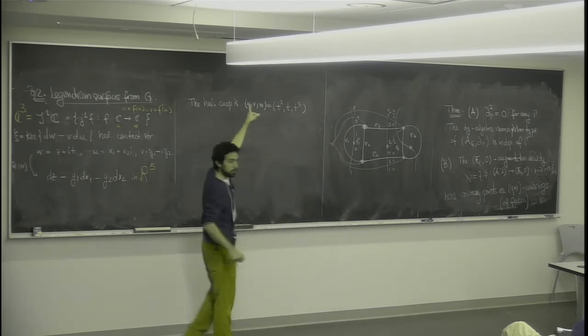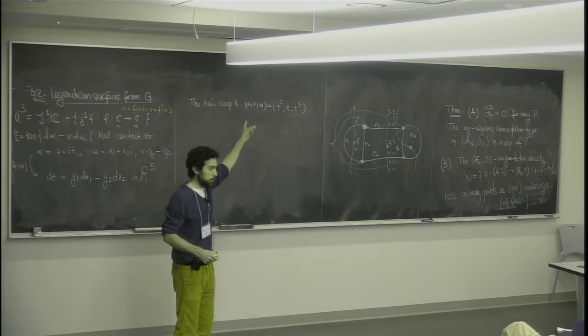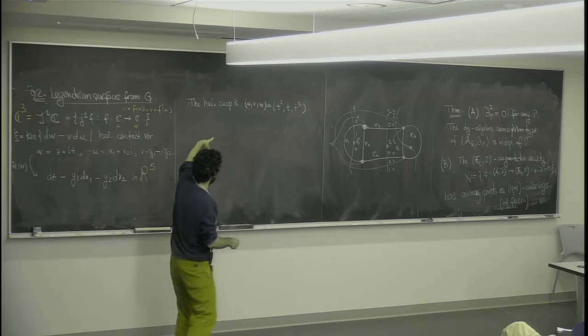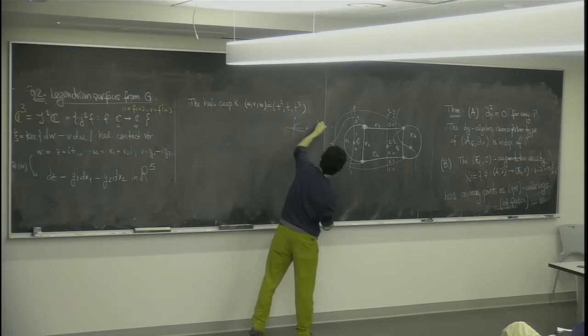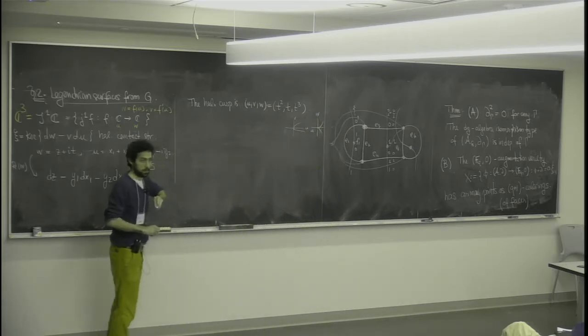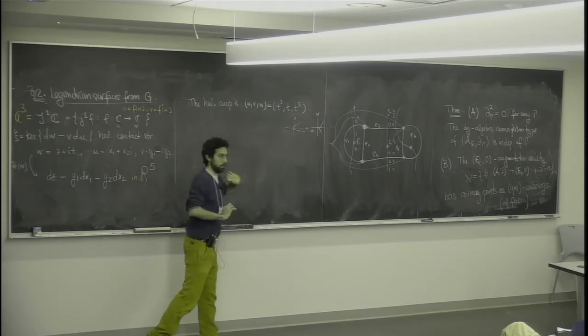So if I ask somebody to write this in the real plane, that's pretty easy. The projection that you see downstairs in the real plane would be something like this. That would be in the uv plane. And then in the uz plane and the uw plane, you would see this. Right? So this is kind of baby contact topology.